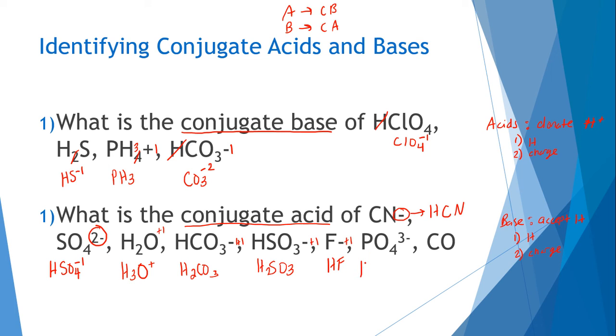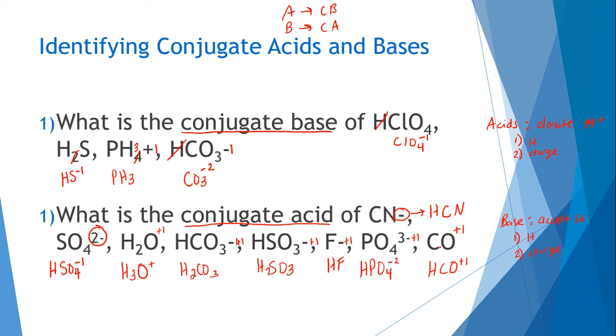Here, PO4, if you add a hydrogen, you get HPO4. I had a -3 charge. Well, if I add 1, that changes to a -2. And then last but not least, CO. If you add a hydrogen, you have HCO, but you get a +1, so I'm going to add 1 charge.